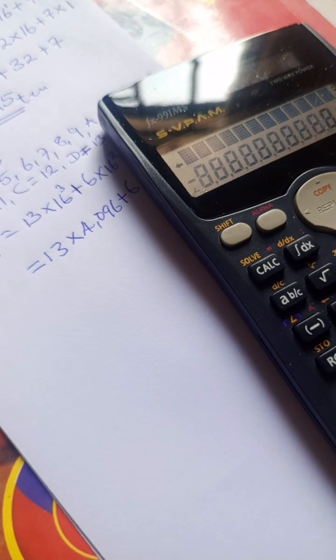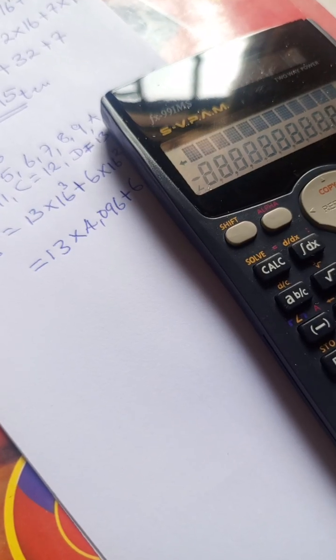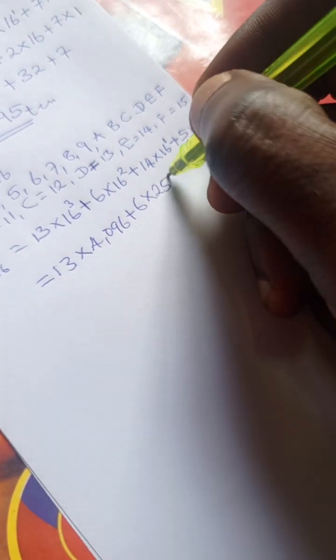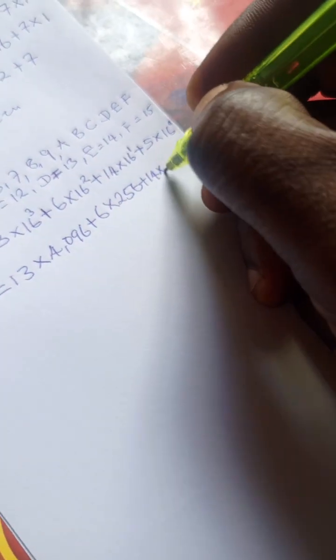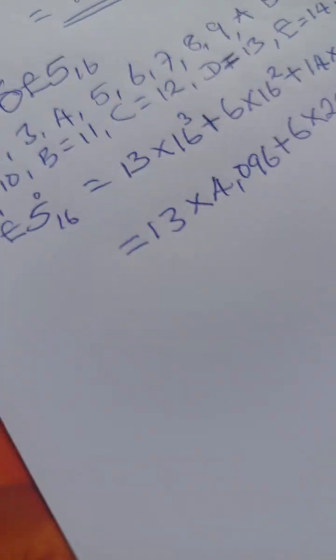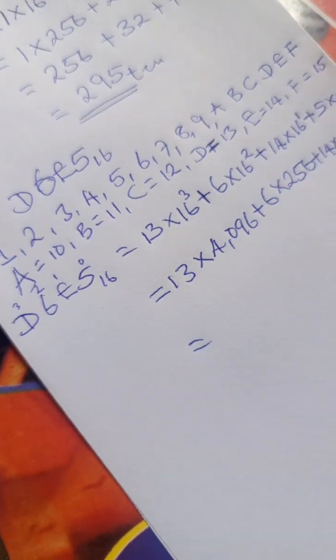That is 16 times 16, which is 256, plus 14 times 16, since 16 to power 1 is still 16, plus 5 times 16 to power 0, which is 1.